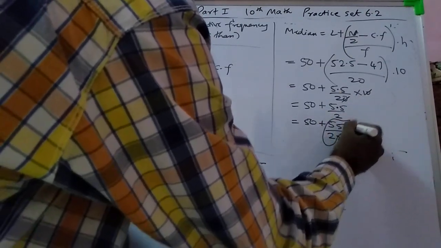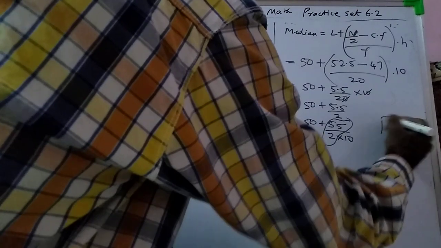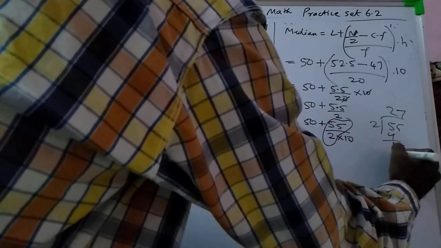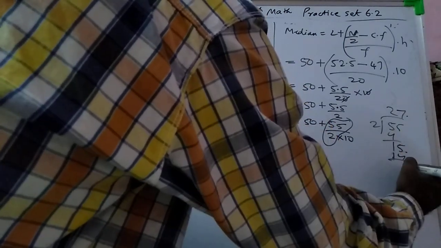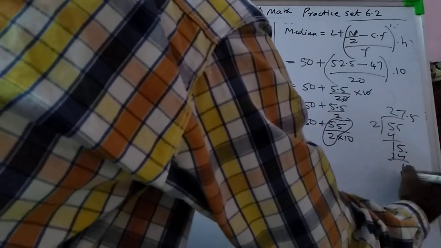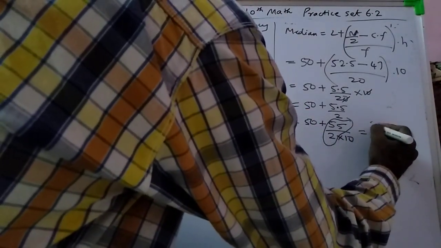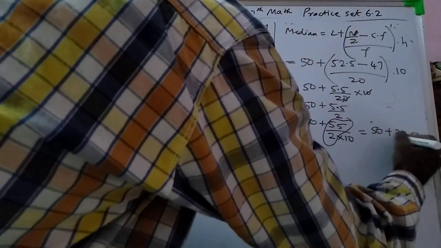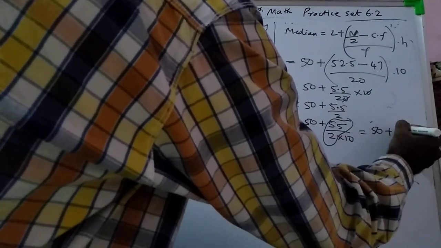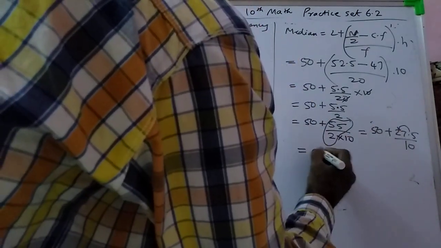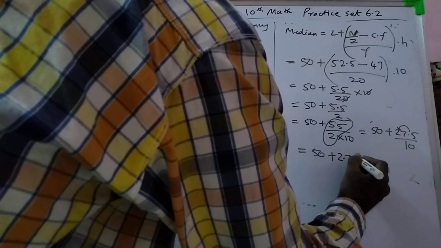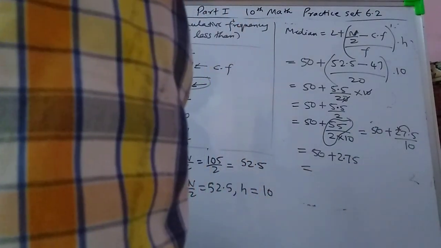Now to calculate this, 55 divided by 2, that will be 27.5. Okay, that we will write here. That will become 50 plus 27.5 upon 10. Because of this 10, this point will shift here. That will become 50 plus 2.75.